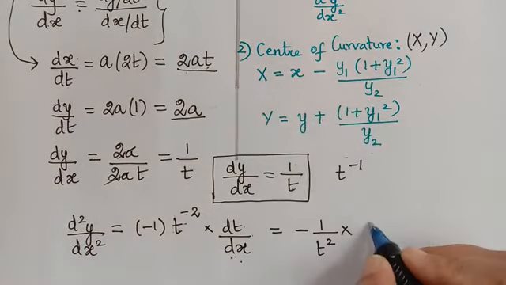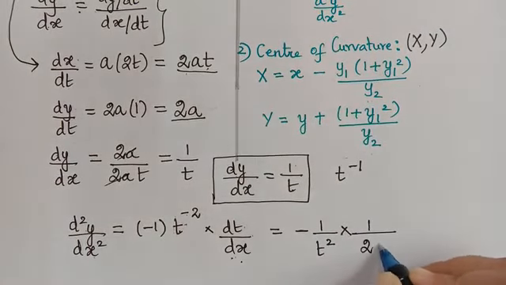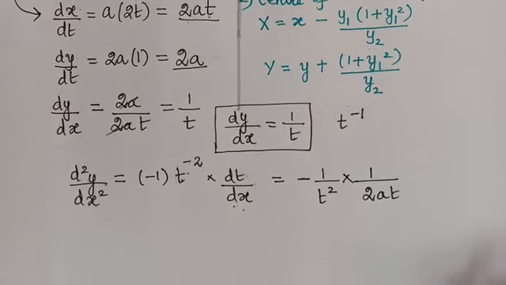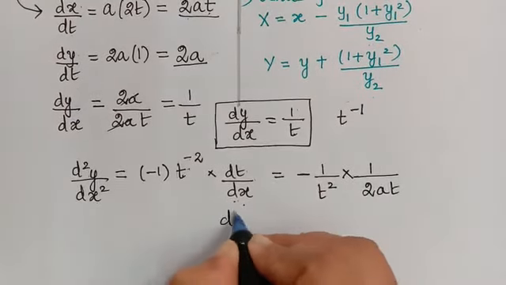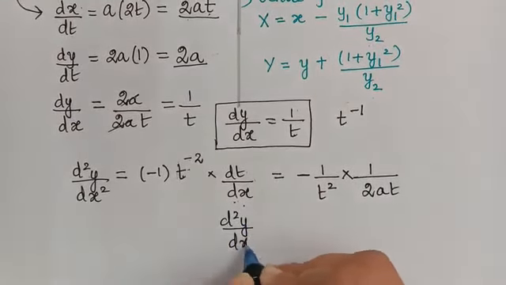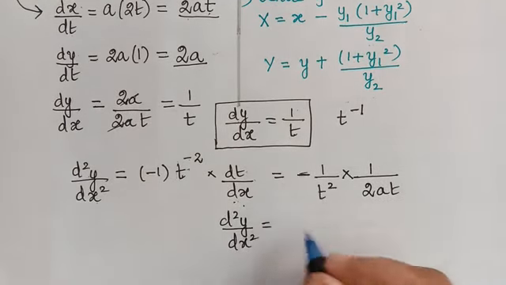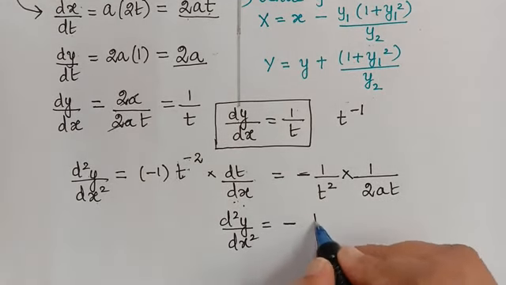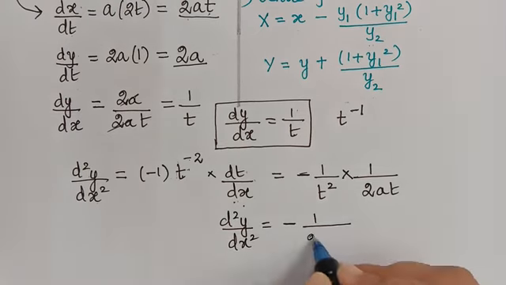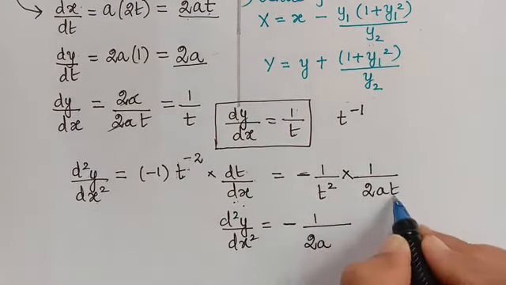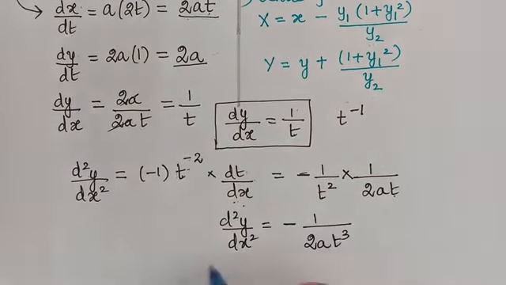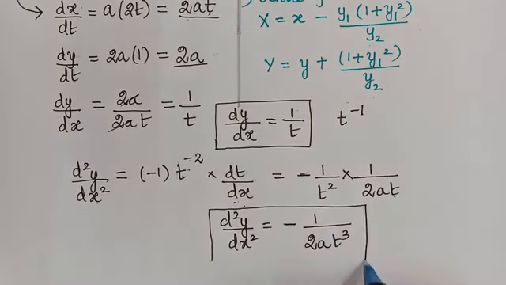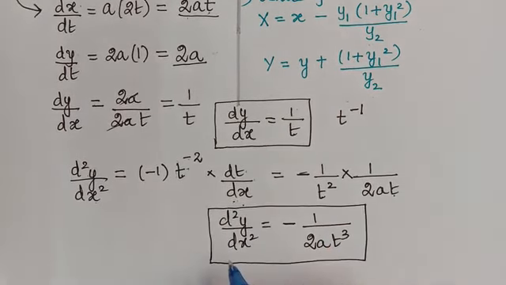So we multiply by 1 by 2at, and therefore d squared y by dx squared will be equal to, we have this negative sign, minus 1 divided by 2a, and t squared multiplied with t is t cube.